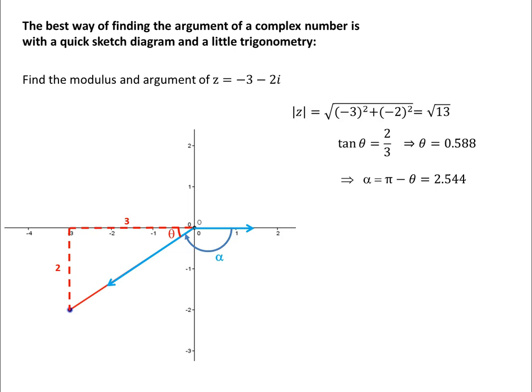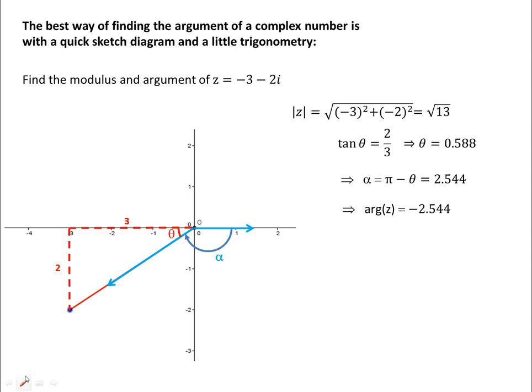Now, the argument is the anti-clockwise angle from the positive real axis round to the line joining O to the complex number. So if we are going to use alpha to give us the argument, we would need to say that the argument of z is minus 2.544 because it is a clockwise angle of 2.544.